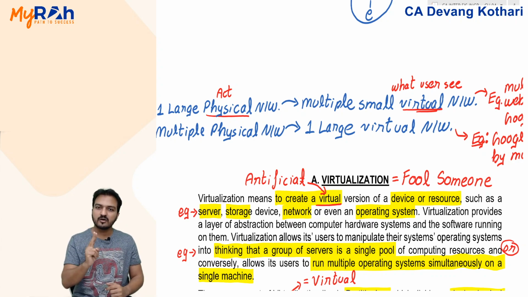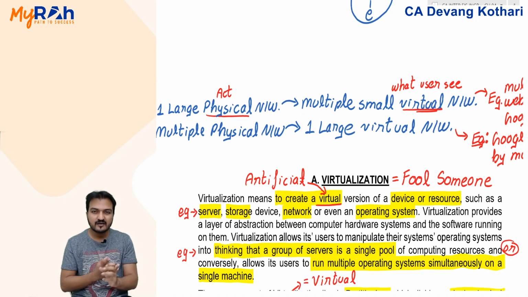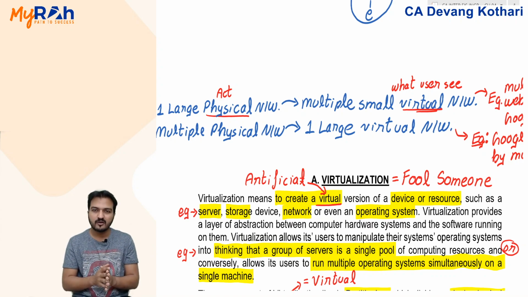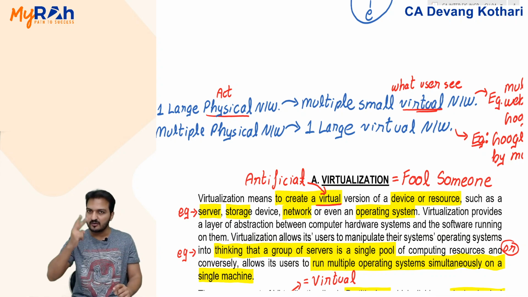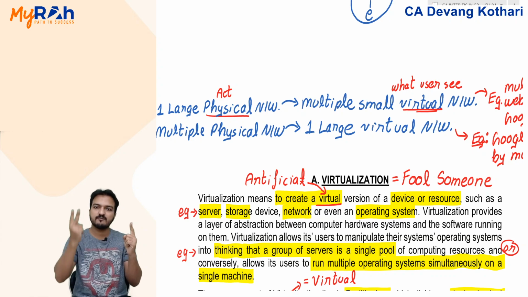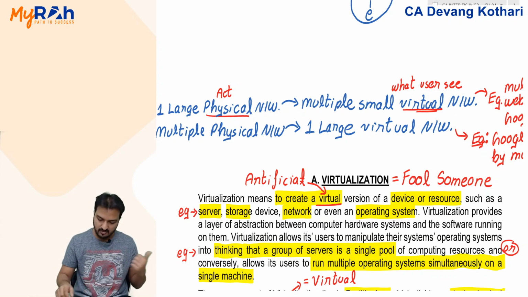Even though your computer physically contains only one CPU and one RAM, both operating systems will believe that they have their own separate CPU and their own separate RAM. That is virtualization for operating system.